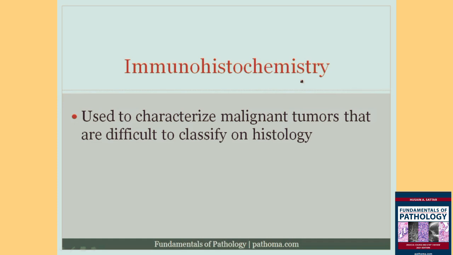Now I can look at the cells and try to use morphology to help me to determine what cell type I'm dealing with, but another useful technique to determine the type of cell is called immunohistochemistry. The idea here is that we take an antibody against a particular target and we label that antibody with a brown stain, and then we place that antibody on the cells.